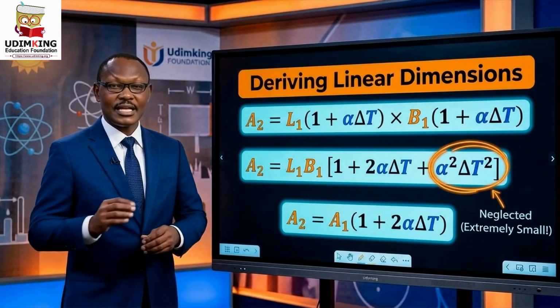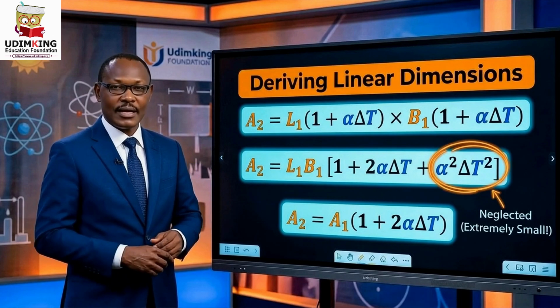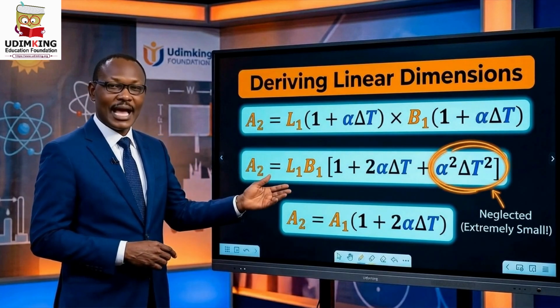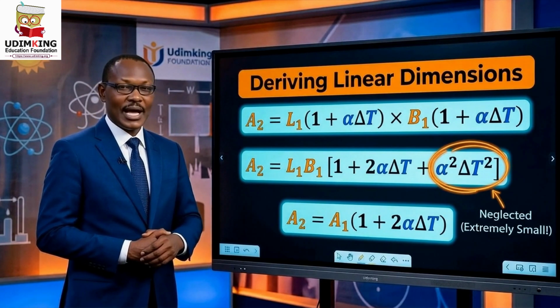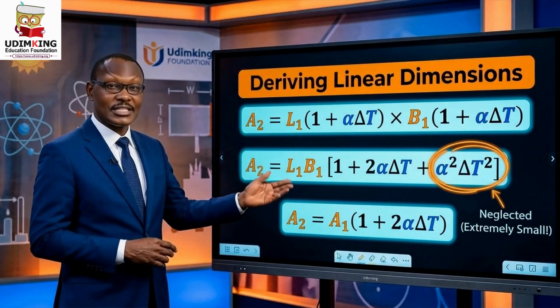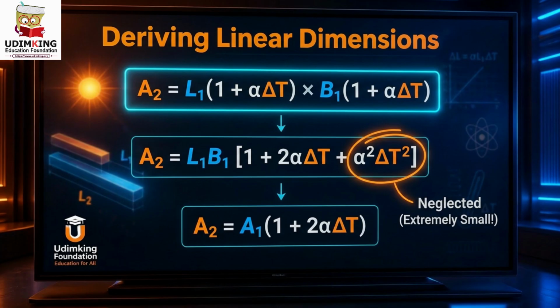This gives us A2 equals L1 into the bracket 1 plus alpha delta T multiplied by B1 into the bracket 1 plus alpha delta T. Rearranging the terms, we get L1 B1 on the outside into the bracketed product of 1 plus alpha delta T times 1 plus alpha delta T.